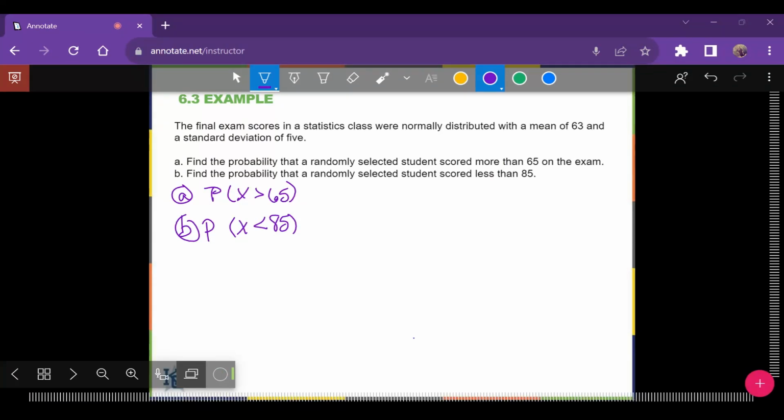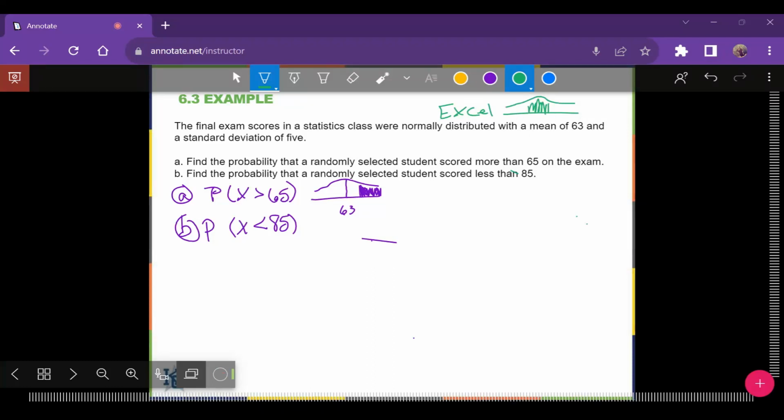So here, our distribution would look like this, with a mean at 63, and we want to know greater than 65, so we want to know the probability that X falls in this area right here. Well, when we do it in Excel, Excel can only give you less than.